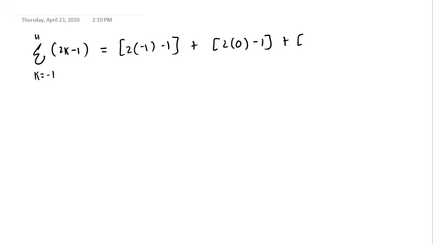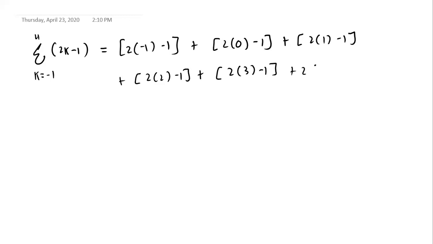So 2 times 1 minus 1, plus, now k equals 2, so 2 times 2 minus 1, plus, now k equals 3, 2 times 3 minus 1, and finally we end at k equals 4. Plus 2 times 4 minus 1.